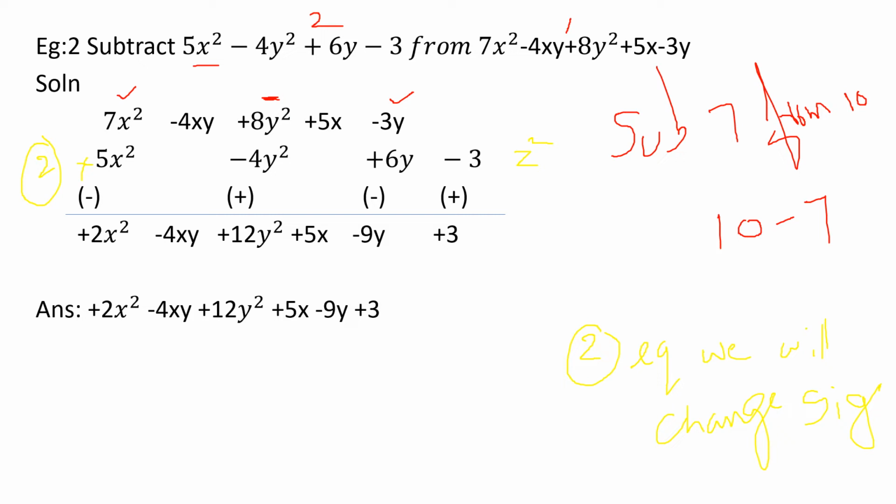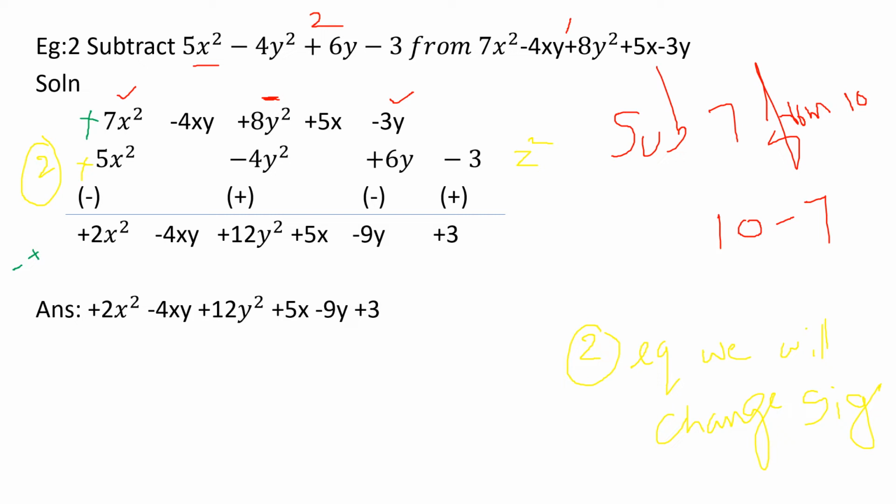So now this is minus 5x square, right? Minus 5x square and plus 7x square. So minus and plus, right? Minus and plus means we will do subtraction and you will write the greater number's symbol. So here also we are following the integers rule. There is no change. We are following the integer rule.